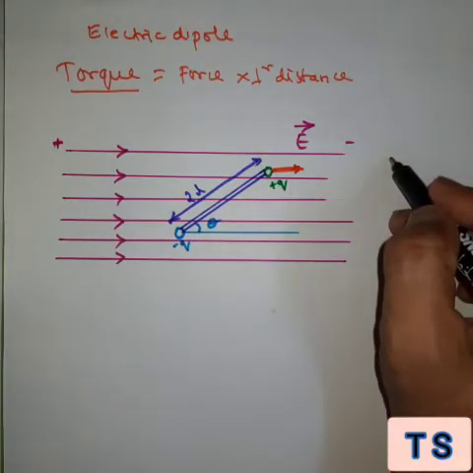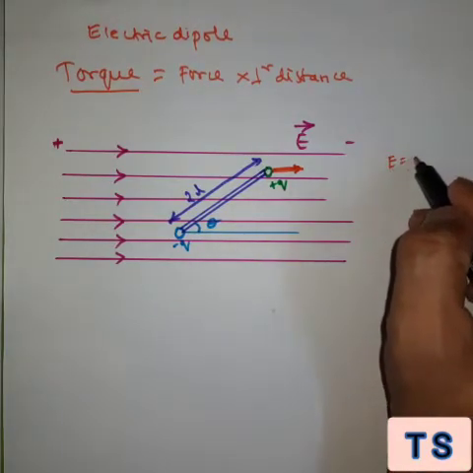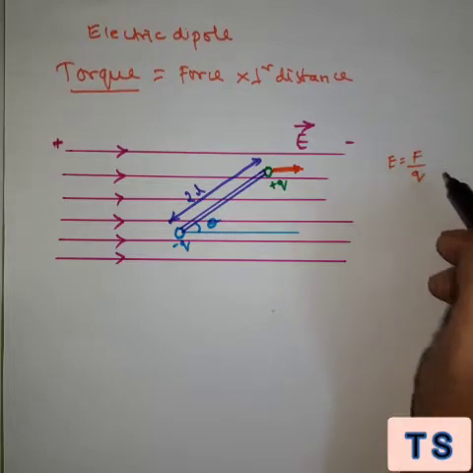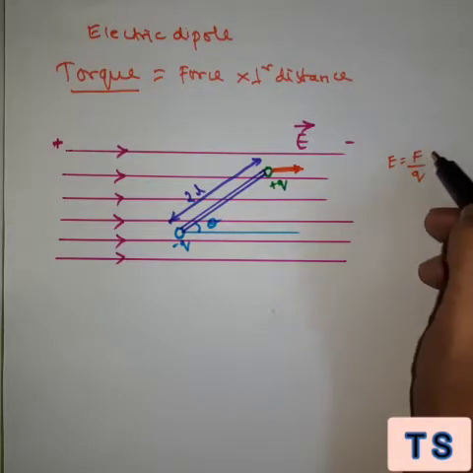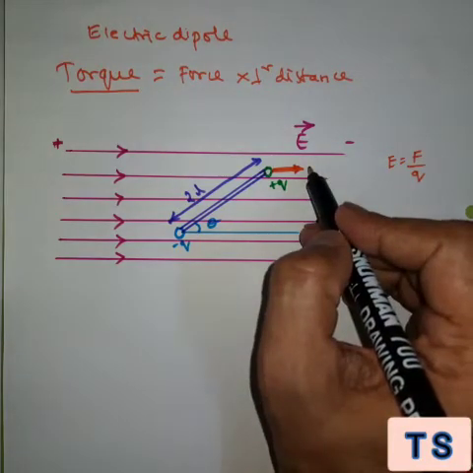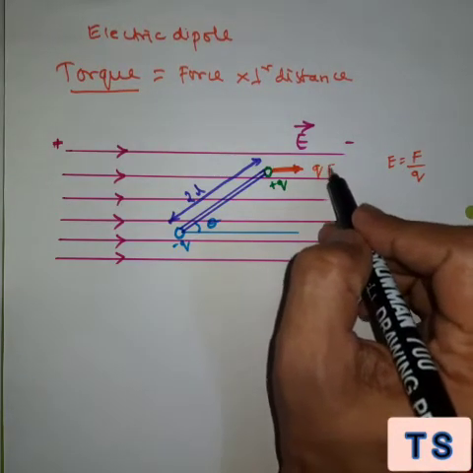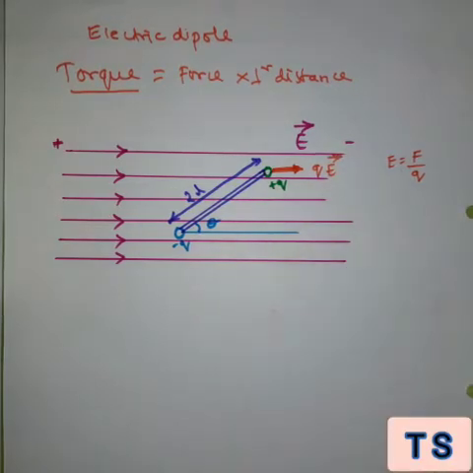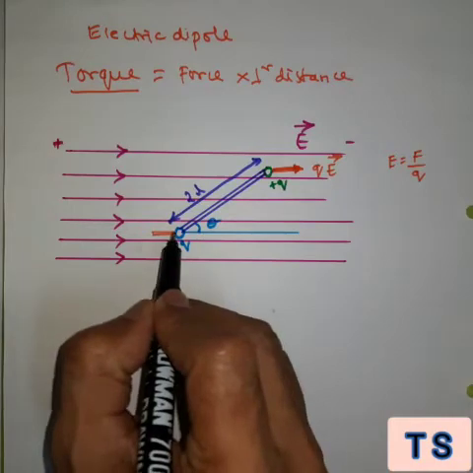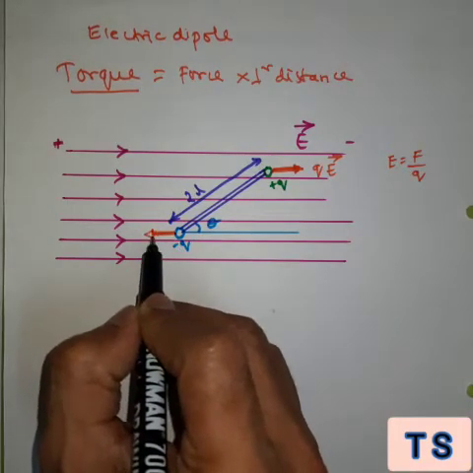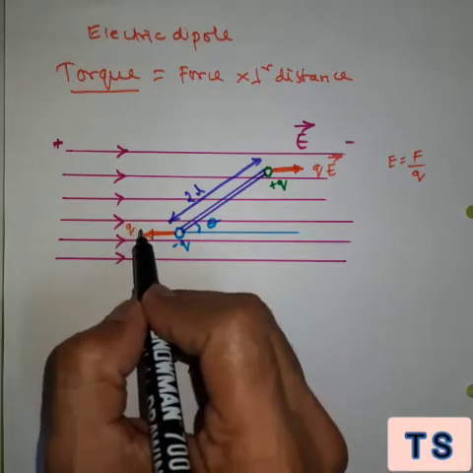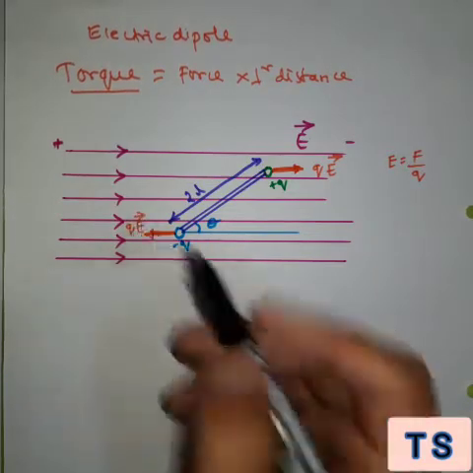I know that E is equal to F by q, so my F will be equal to qE. So at this end the force which is acting will be qE. At the other end the force will be acting in this direction. Now why is this? I will tell you that. So here this is qE bar.